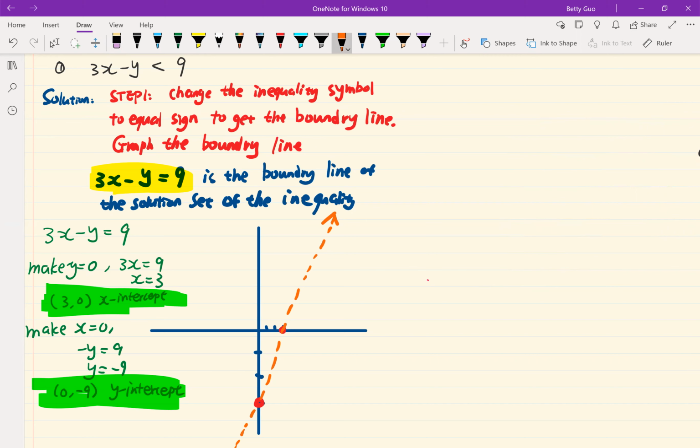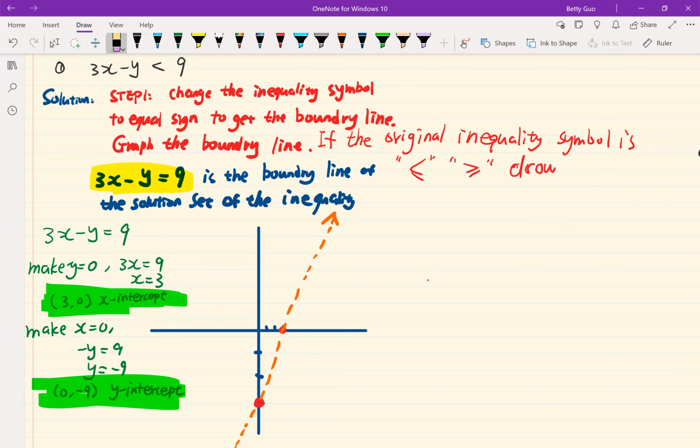If the original inequality symbol is less than or equal to or bigger than or equal to, draw the boundary line solid.